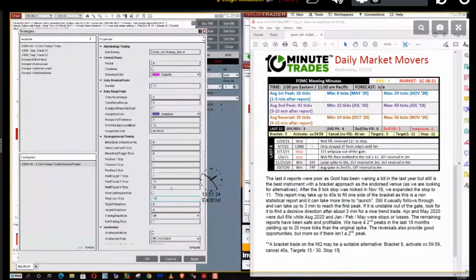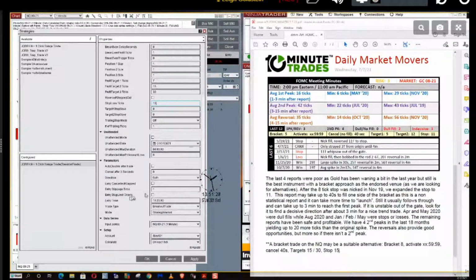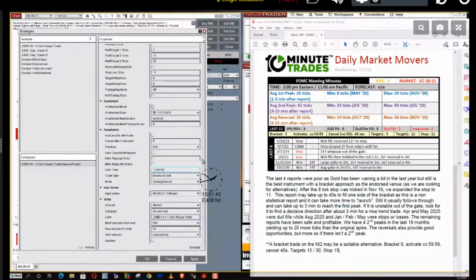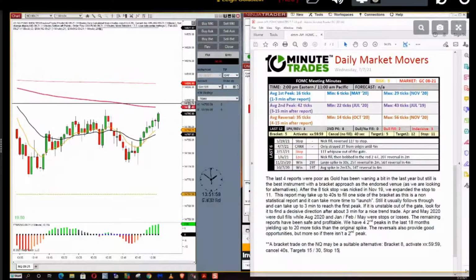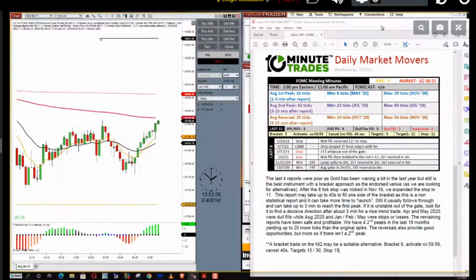And the entry time 13:59:59. And then I'm going to label it NQ FOMC minutes. Apply it and okay it. And I now have a test trade for the FOMC minutes using the NQ.